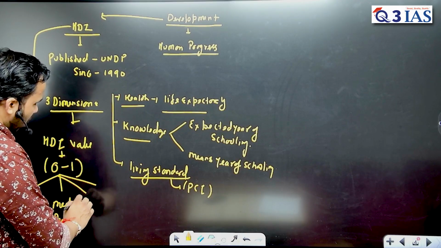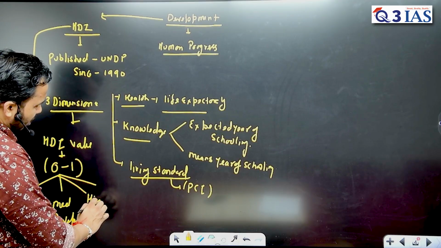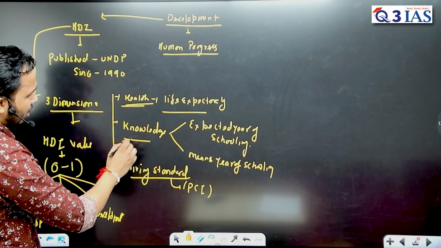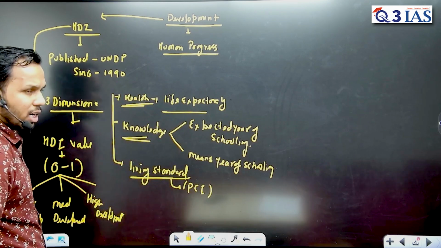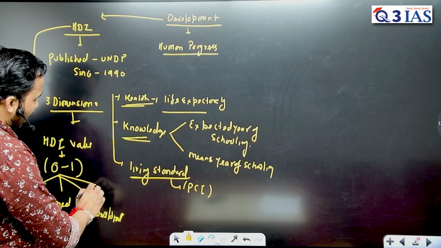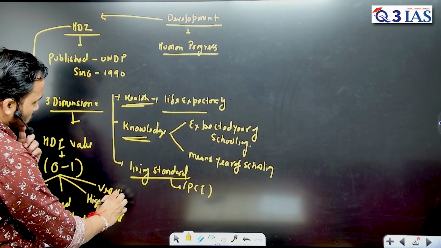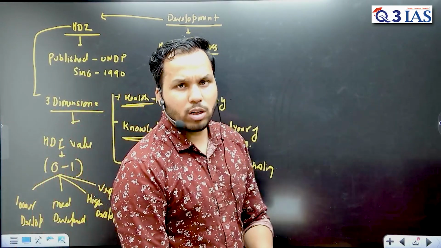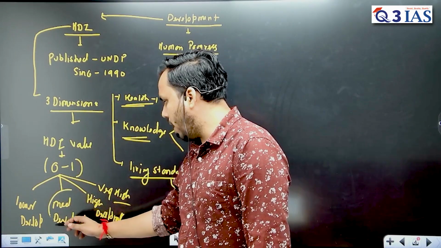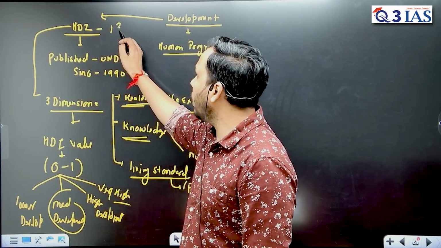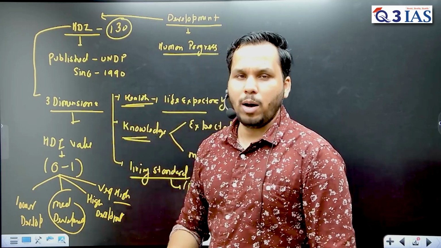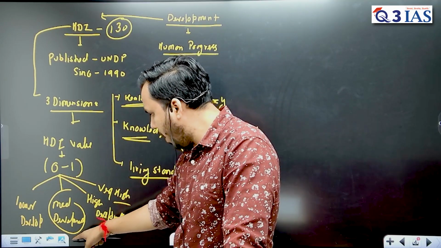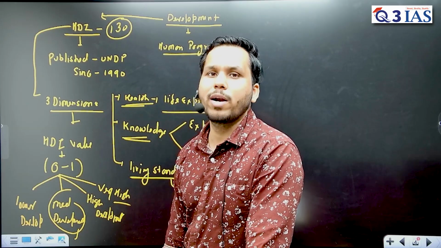Third is high development countries, where they will find better health, better knowledge, better living standards. And the last one is very high. So according to the scores, they put the ranking, they put the categorization. India ranks 130 in HDI, and India is placed under the medium human development index.